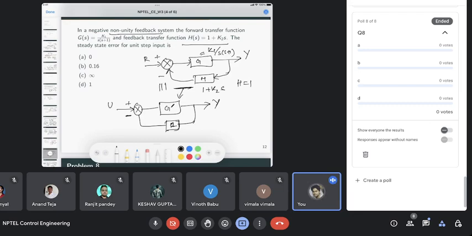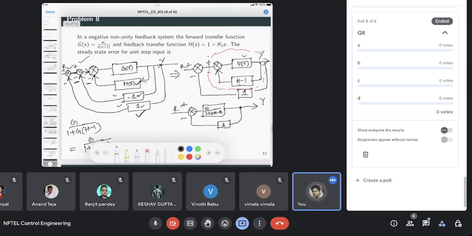That's what we are doing here. We are given a system with H(s) not equal to 1, and we check whether we can transform it to this second system. Once we have this G' with unity feedback, we just apply the direct formula we have learned for steady state error. So what do we do?